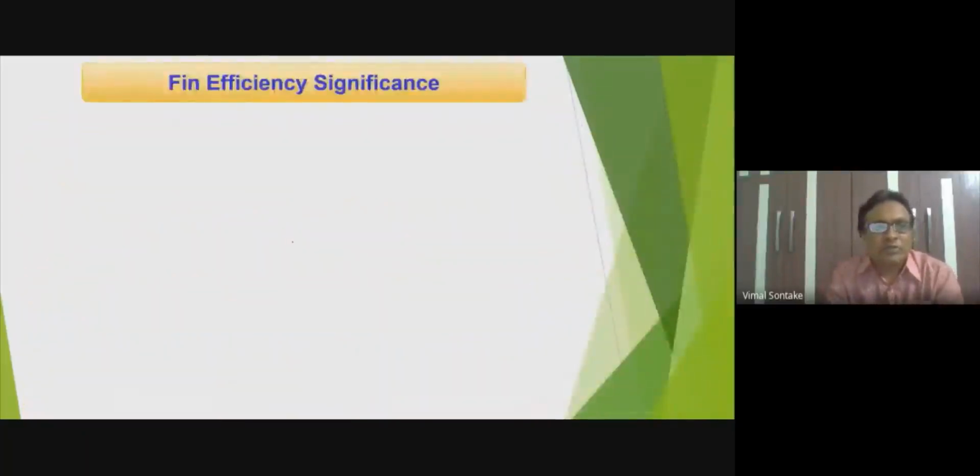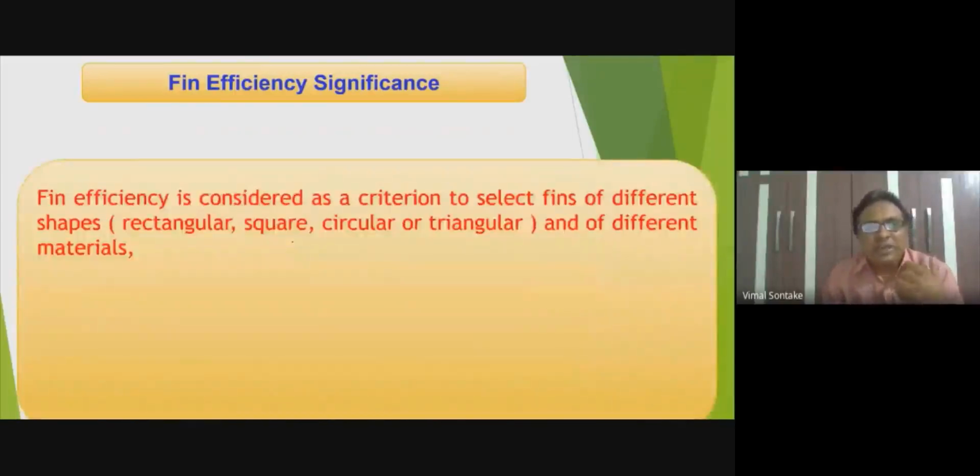So based upon these two observations, what is the significance of fin efficiency? Fin efficiency is considered as a criterion or parameter to select fins of different shapes, like rectangular, square, circular, or triangular, and of different materials. Let's say we want to enhance the heat transfer rate from the base surface at some rate Q, and we have designed different fins of different materials and different geometries.